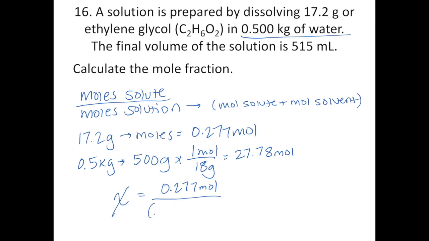Total moles on the bottom. Okay, divide them up, and I get about 0.01. No units, that's it. Convert to moles and then just do the same thing as you did with mass percent.